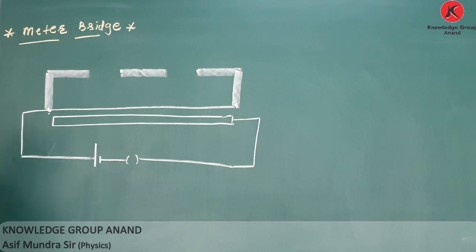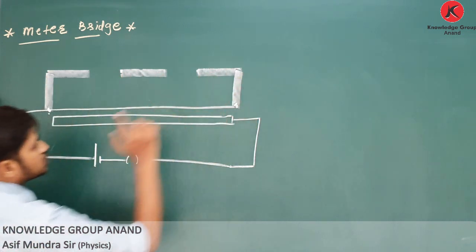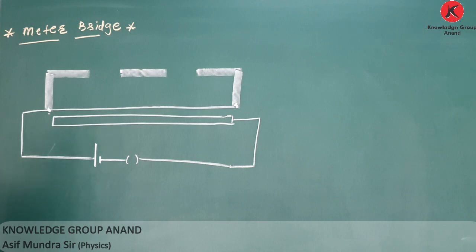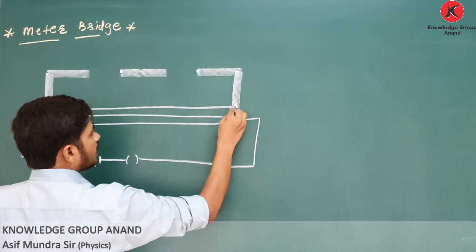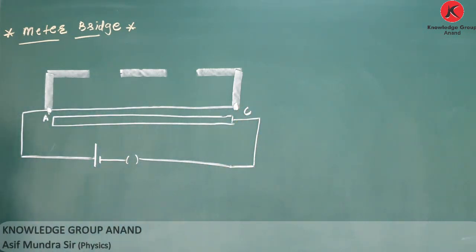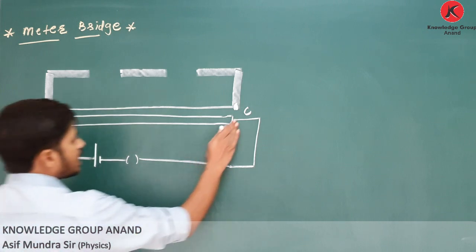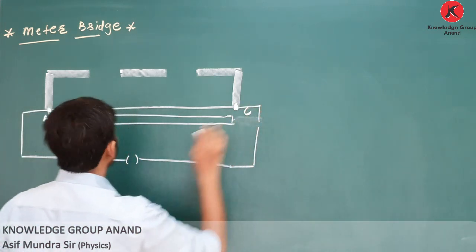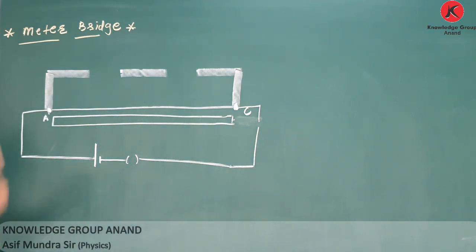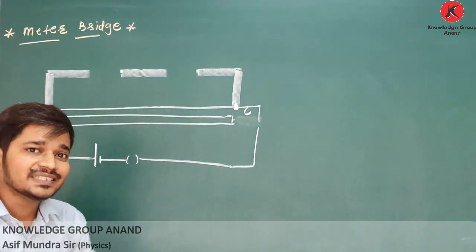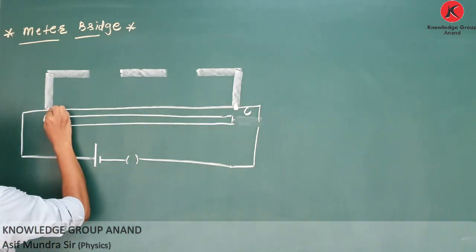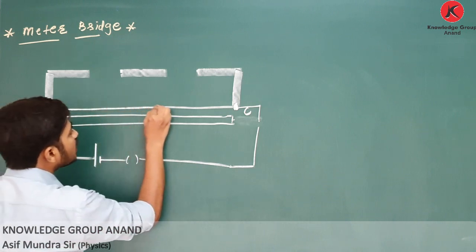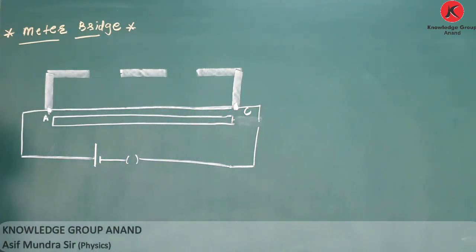These are connections, metallic conductors. We have one wire between points A and C, and the battery is connected between points A and C. Remember, in the Wheatstone Bridge the cell is connected between points A and C. Between A and C we have one conducting wire.